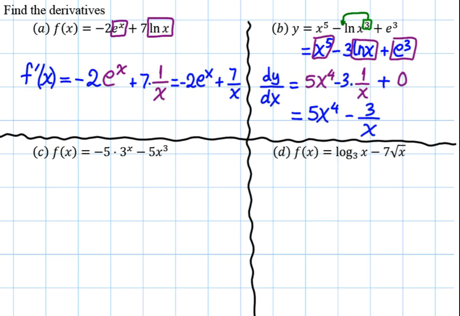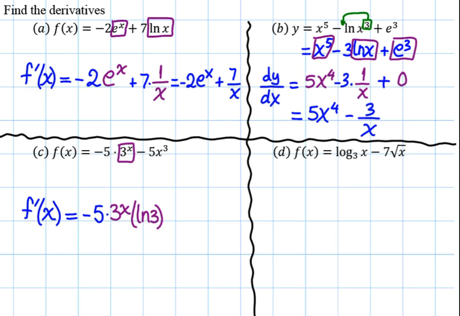So we'll take the derivative. Three to the x power. X is in the exponent, so this is the exponential rule. We will write 3 to the x power and then ln of the base. So that is the derivative of 3 to the x. The negative 5 in front of it will stay.